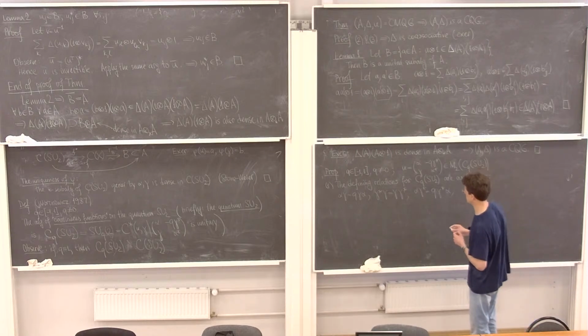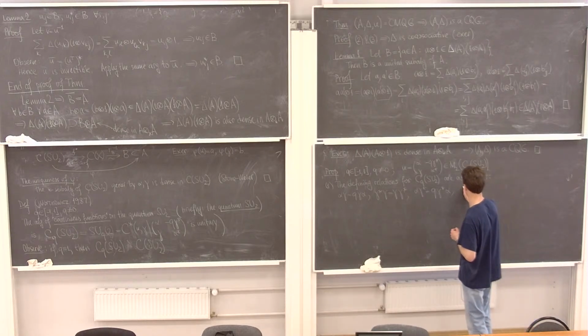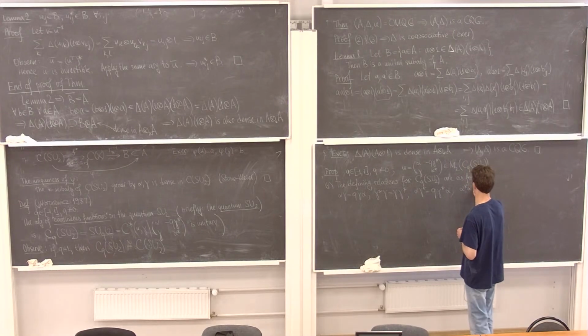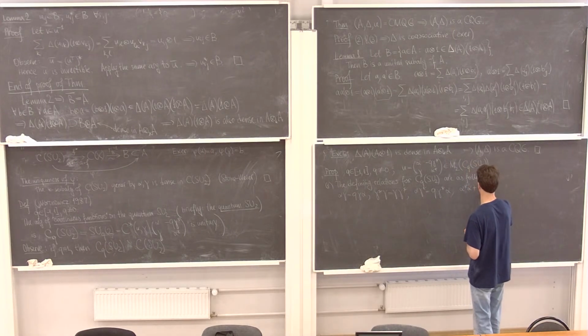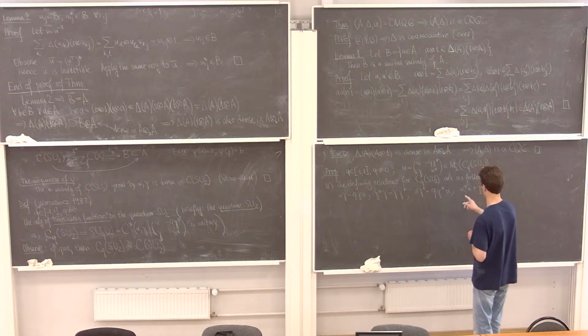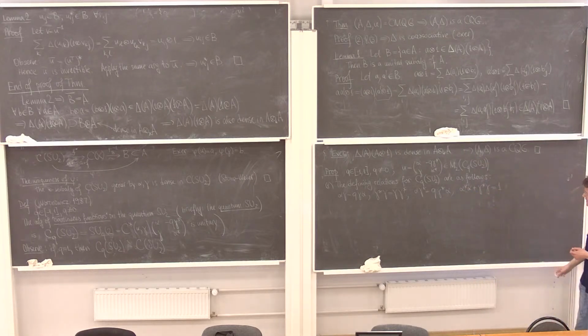We also have the following relation between alpha star alpha and gamma star gamma, which in this case looks exactly as in the non-quantum SU2 group.